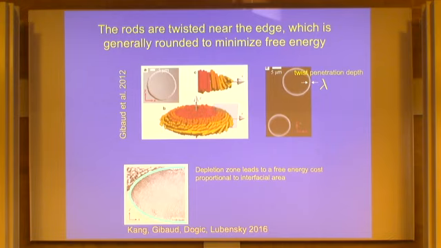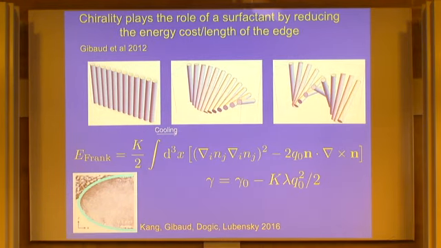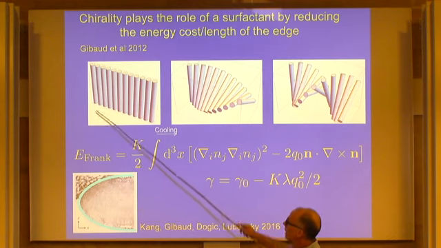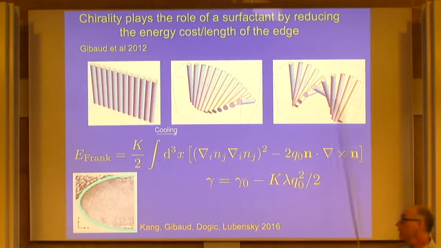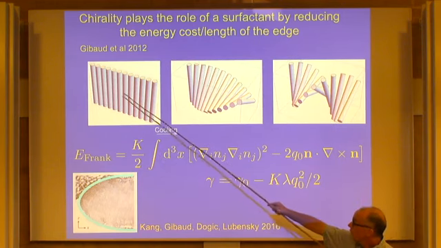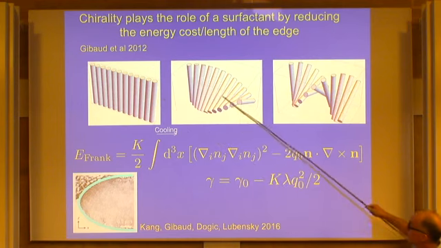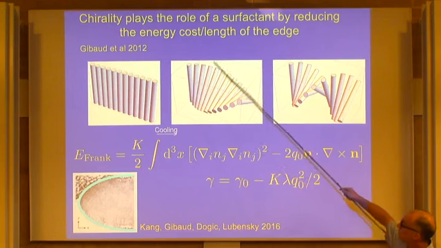You get a cholesteric phase. In a cholesteric phase, this is actually not a good picture of a cholesteric, but it gets the idea across. You imagine the rods, it's a fluid, and then as you move in this direction in the cholesteric phase, the rods will twist.